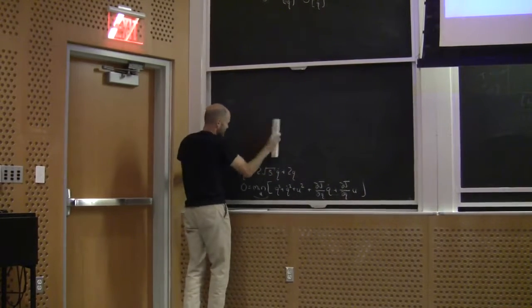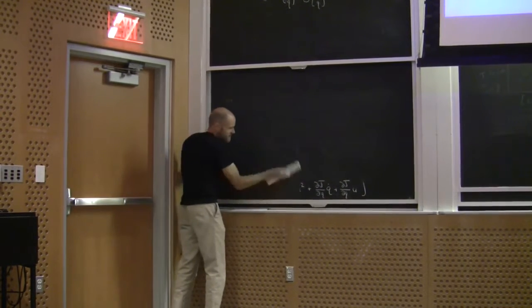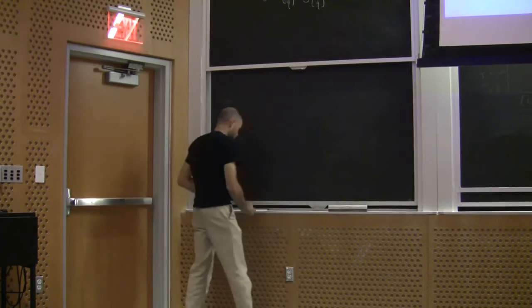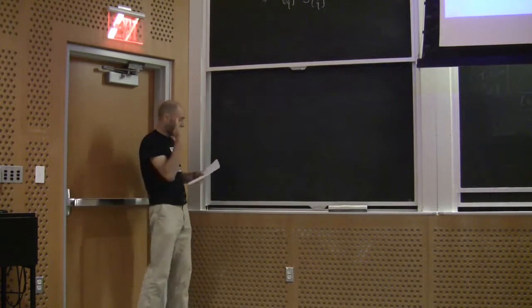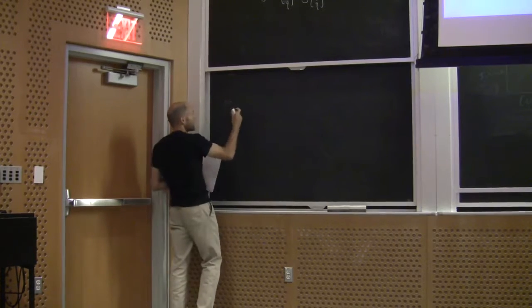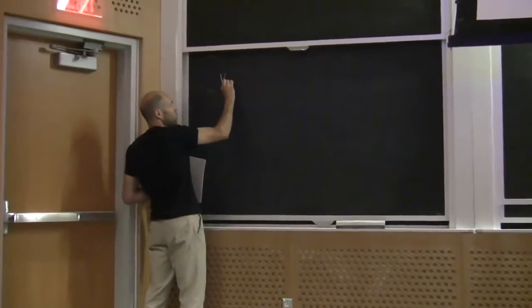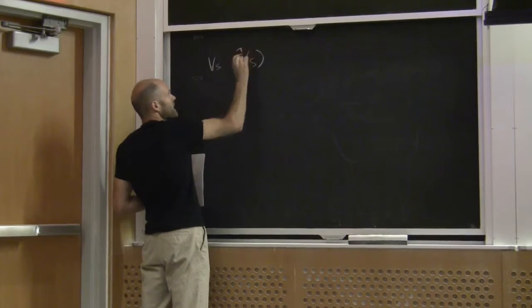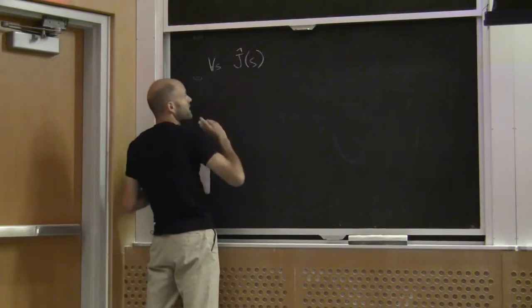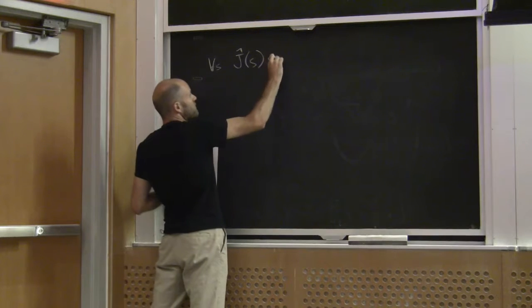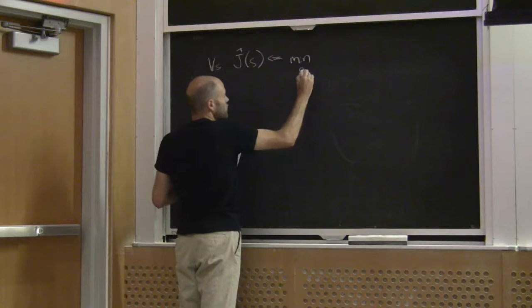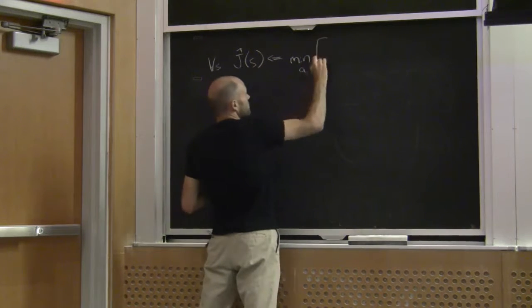But right, so the discrete version gave us this great algorithm. We just said, we have an estimate of j for every s, and we just search over all possible a's.